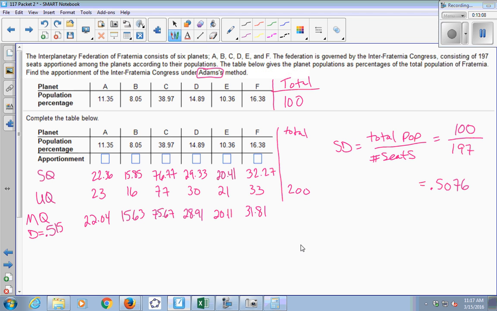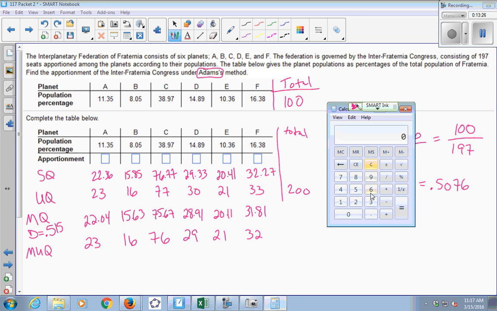Okay, so then I get my modified upper quota. I round all of these up, and I get 23, 16, 76, 29, 21, 32. Add them up, and hope I gave out 197 seats.